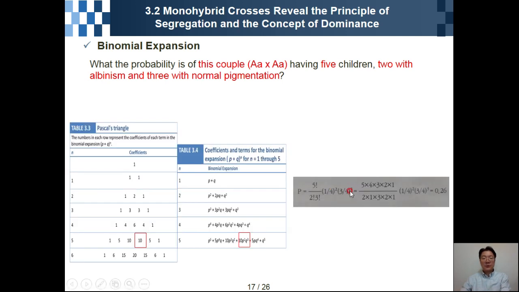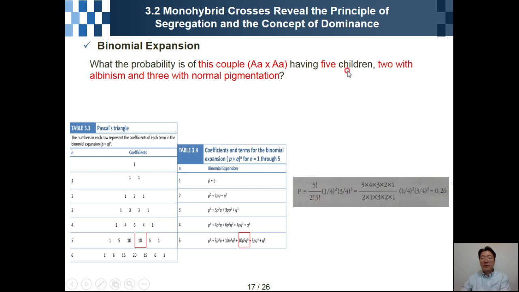Using the coefficients and terms of the binomial expansion (P plus Q) to the N is very difficult, but based on this equation it is very simple. So it will be 5 factorial over 2 factorial for albinism and 3 factorial for normal pigmentation.